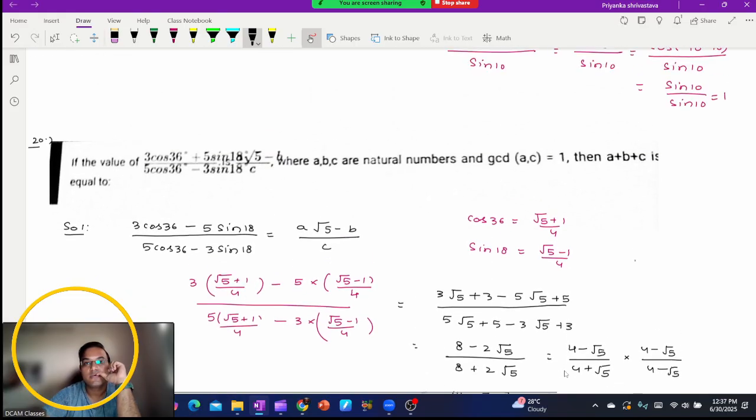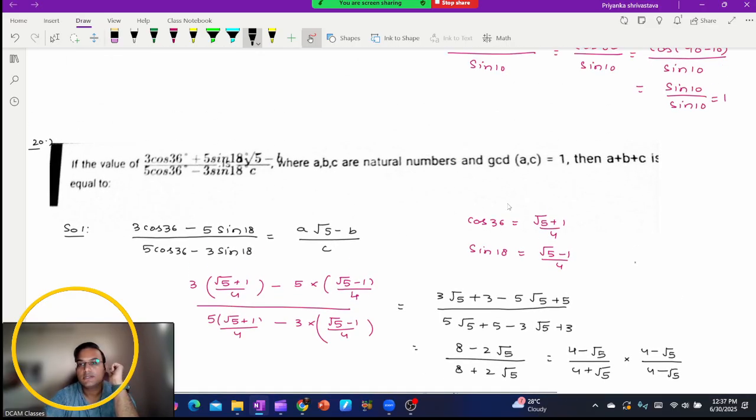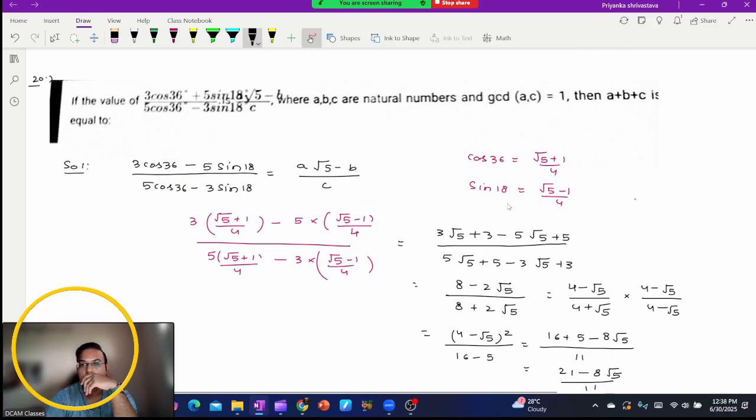So if we compare this, the value of a is minus 8, b is minus 21, c is 11. What they are saying, GCD of a and c is 1. Obviously 1.